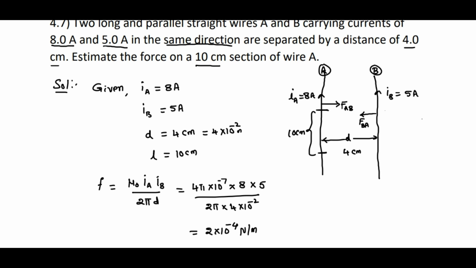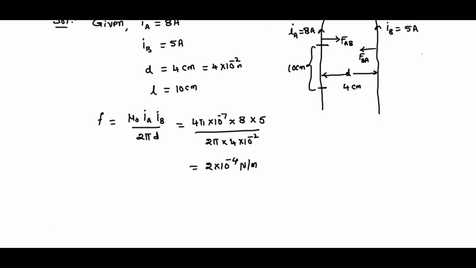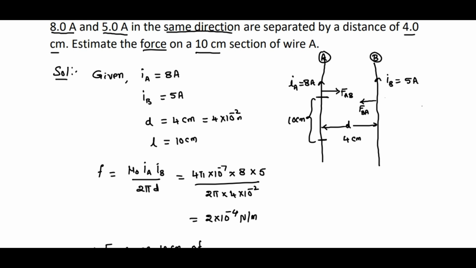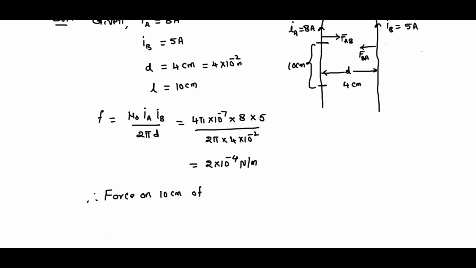Now we need to estimate the force on 10 centimeter section of wire A. Therefore, force on 10 centimeter section of wire A, F is equal to force per unit length into length.